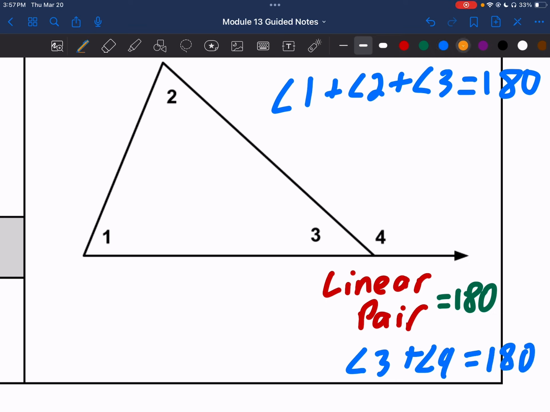So if angle 3 being added to something equals 180, then these two angles have to be the same as that angle. So we're going to substitute angle 1 and angle 2 in, and say these two have to be the same. Angle 4 must be the same as angles 1 and 2 combined, because when you add angle 3 to each one of them, they equal 180 degrees.